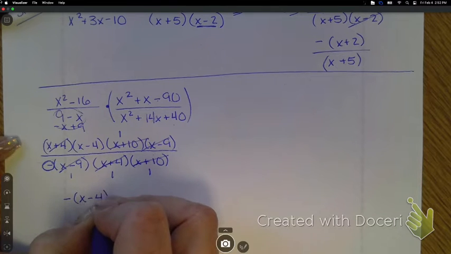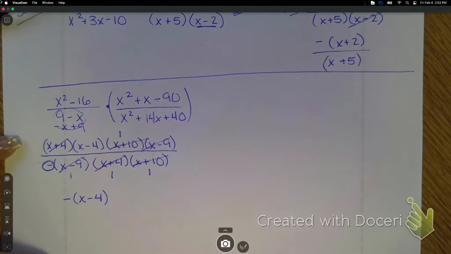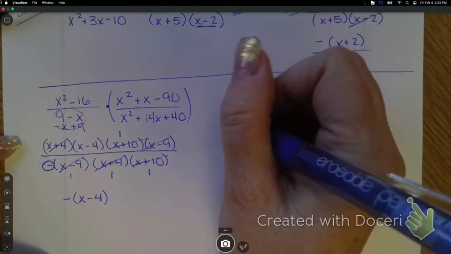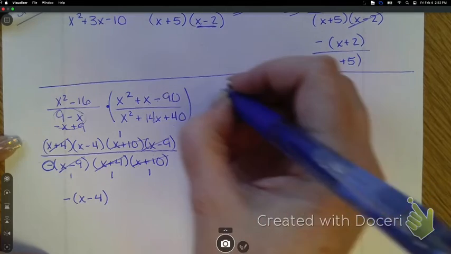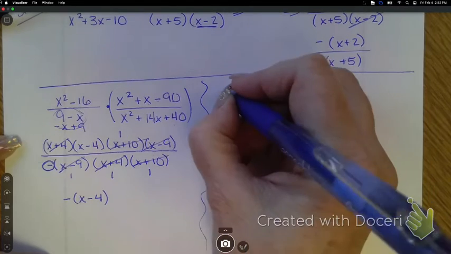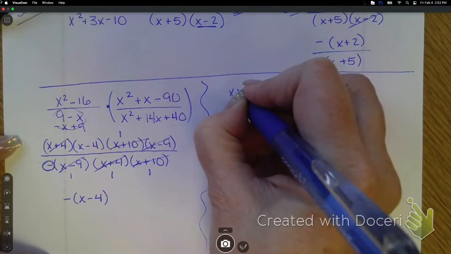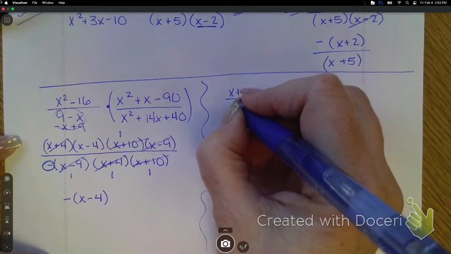So is multiplication really any different than simplifying? No. Do you want to do one on your own before we go to division? Sure. Okay. So I have x plus 3 over 4x.